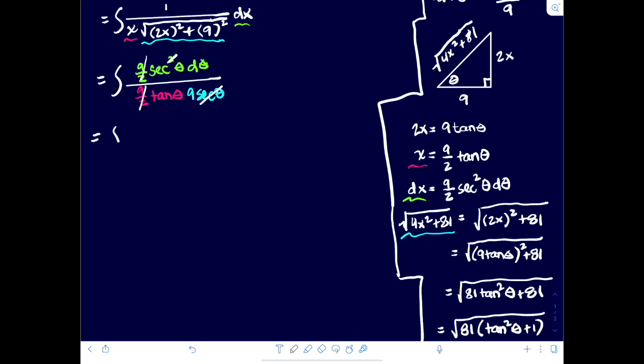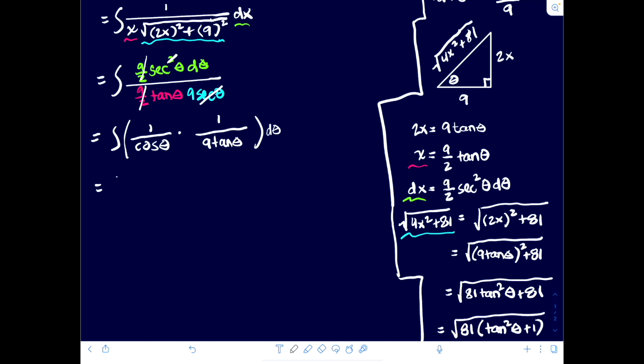So we'll have the integral of secant theta, which is 1 over cosine theta. We'll be multiplying that by the reciprocal, right? So that would be multiplying by 1 over 9 tangent theta. And then we still have our d theta.